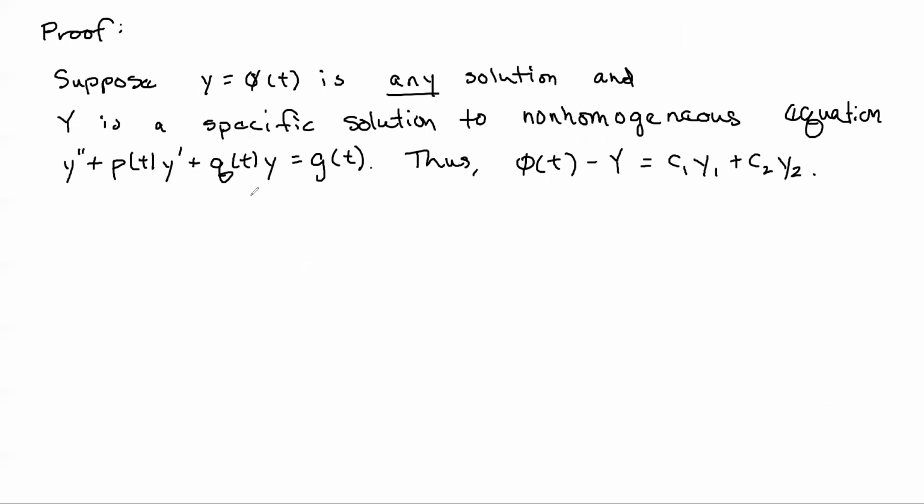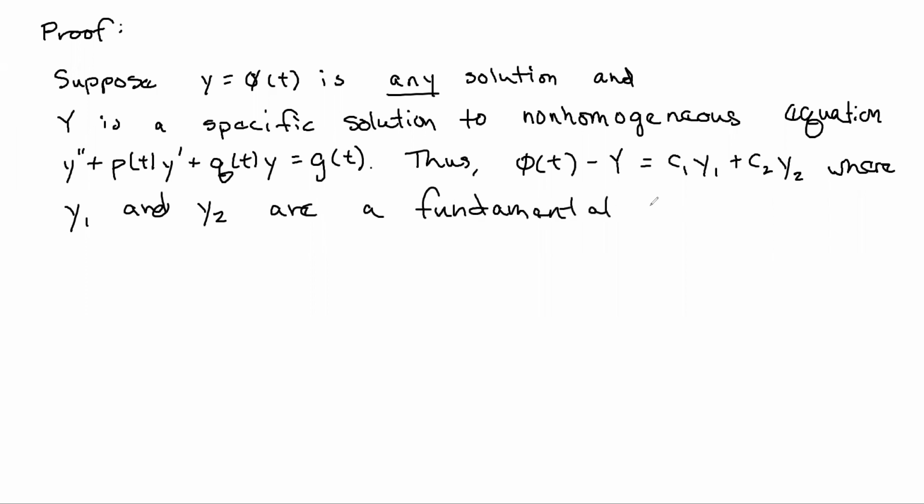Y is a solution to the non-homogeneous. Thus, if I subtract the two, then I can represent them as a linear combination where y1 and y2 are a fundamental set to the homogeneous equation.